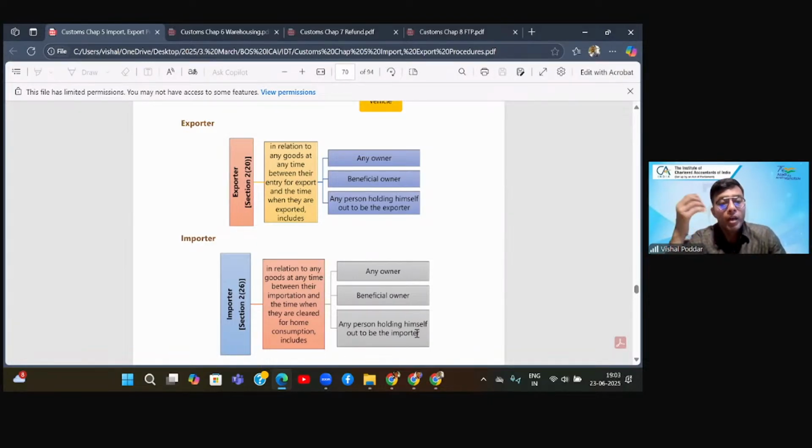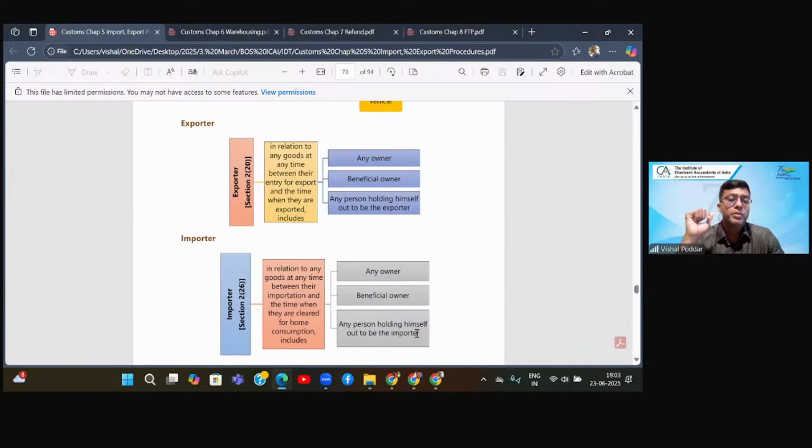Means I will appoint a CHA agent, custom house agent, who will be running this whole procedure on my behalf. I may not even know a single procedure. I never go there. So practically in customs, many times your goods are not cleared by you. They are cleared by this custom house agent.